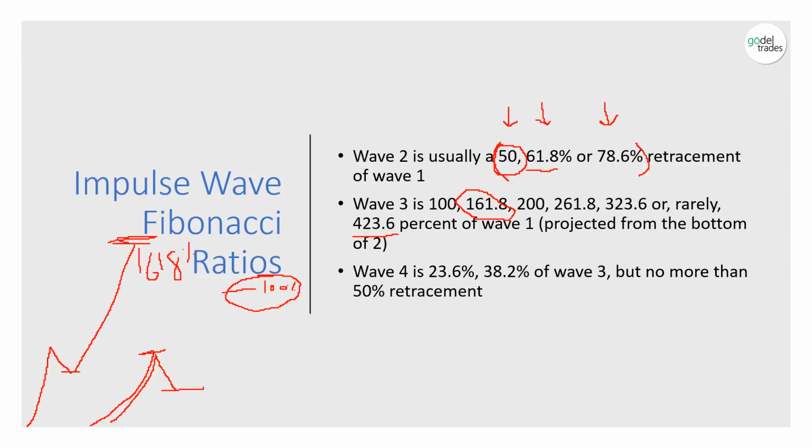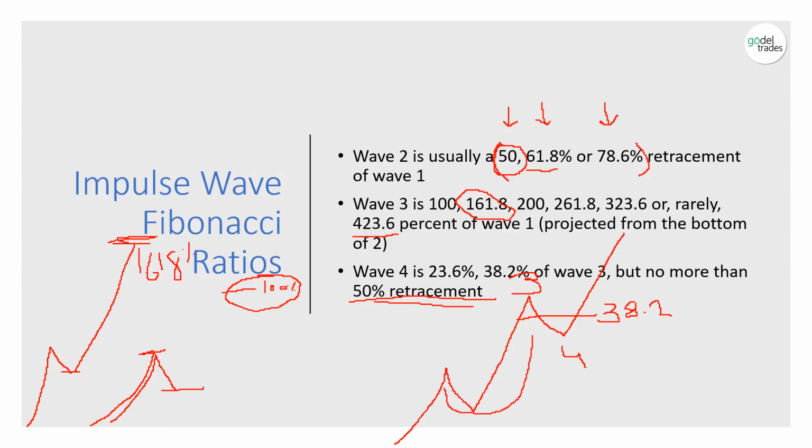Wave 4 is usually a 23.6% or a 38.2% retracement of wave 3, but no more than 50%. And that's more of a guideline because, as we've mentioned before, waves 4 and 2 will often tend towards equality. So let's say you get to a 38.2% retracement here in wave 4 of this wave 3 overall advance, but 4v2 equality is down here.